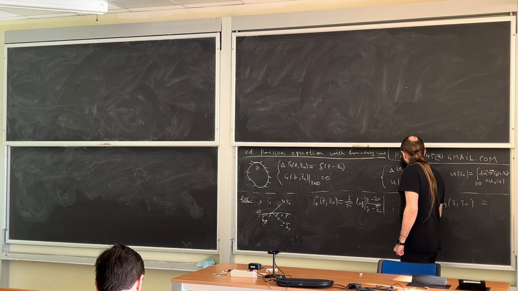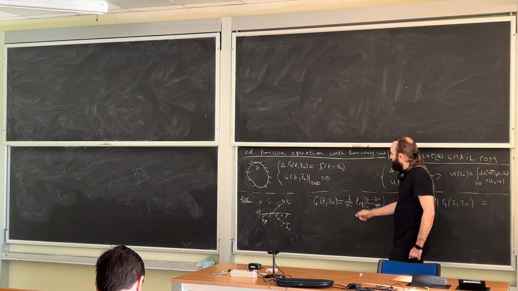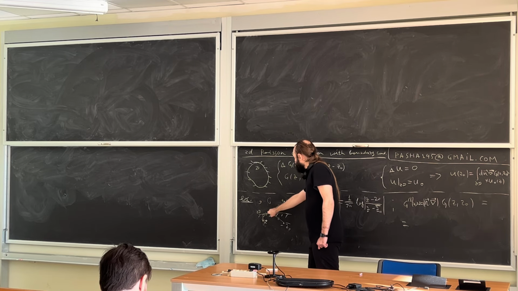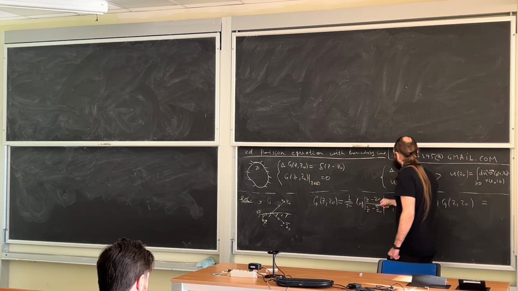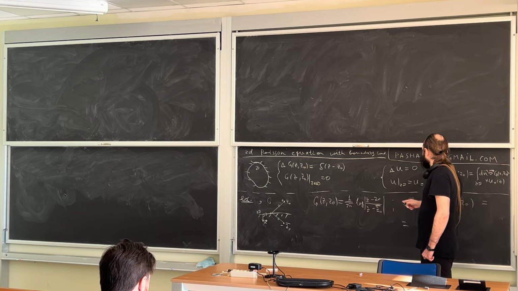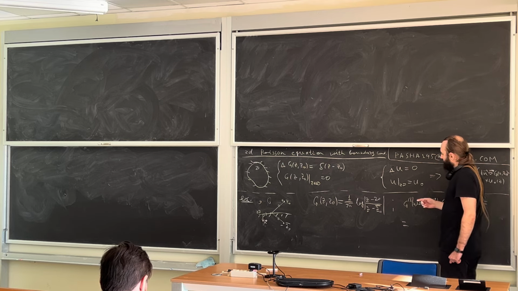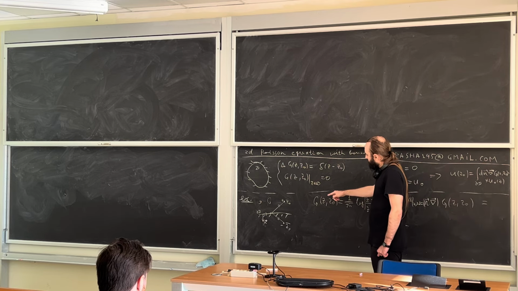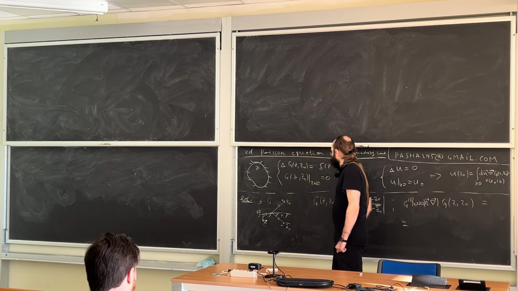So it equals minus the y derivative of this Green function with z placed on the real line.